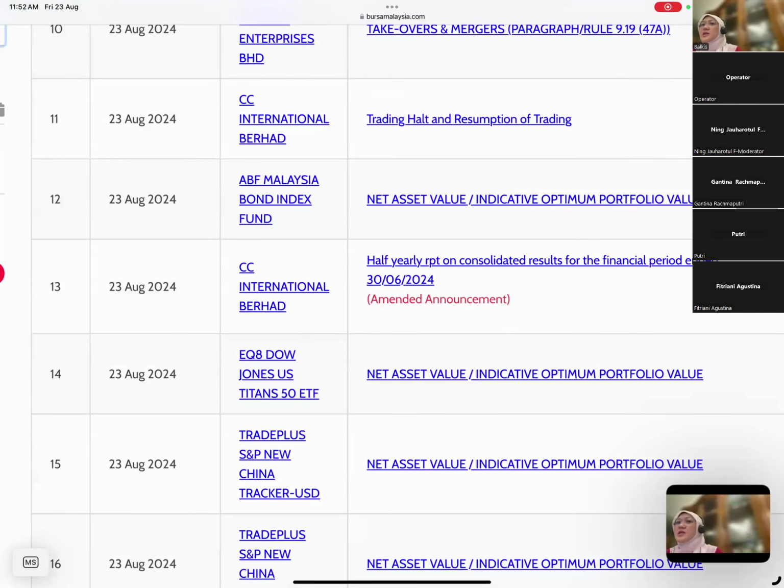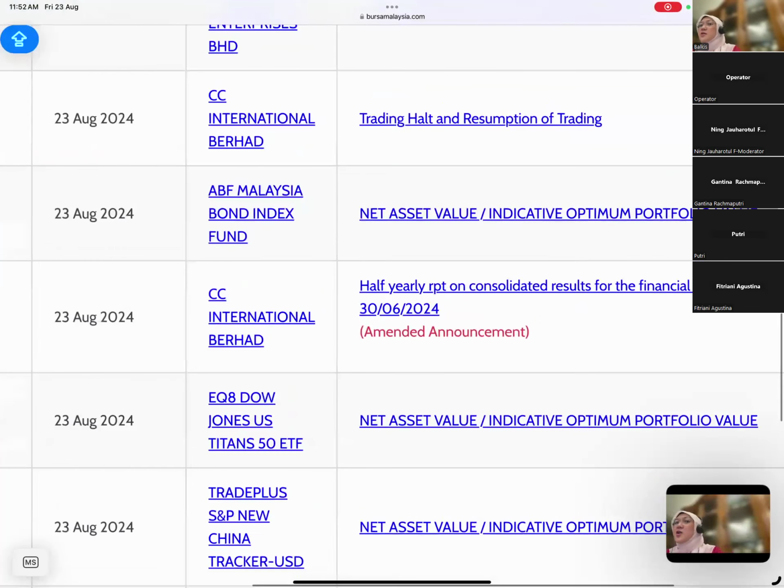Oh, another one is about trading halt. Trading halts are the suspension given by Bursa, in our case Bursa Malaysia, when the prices of the share increase more than 10% or decrease more than 10%.